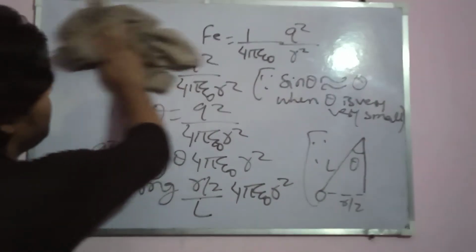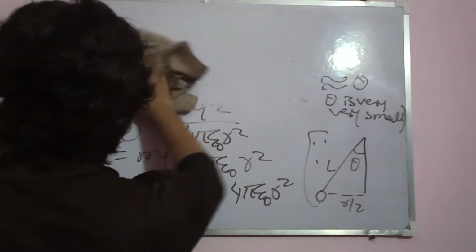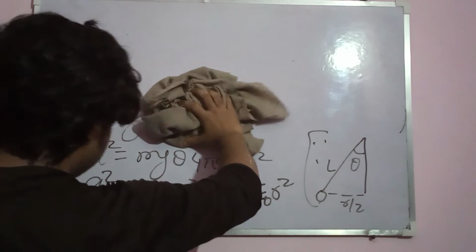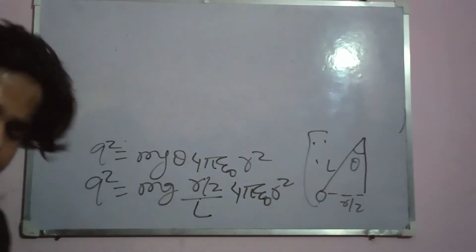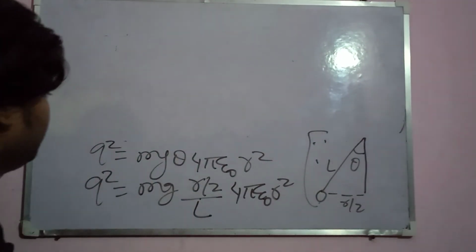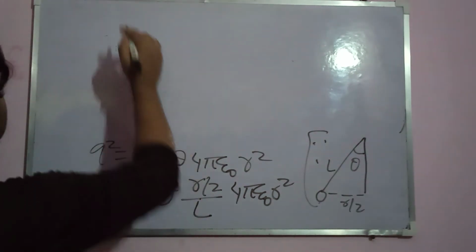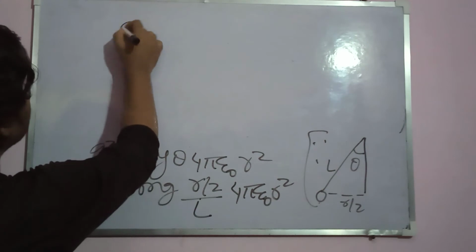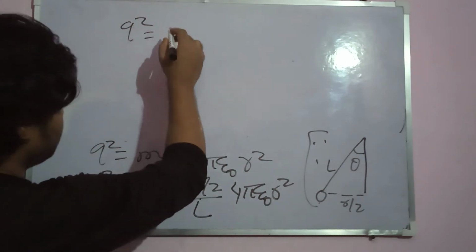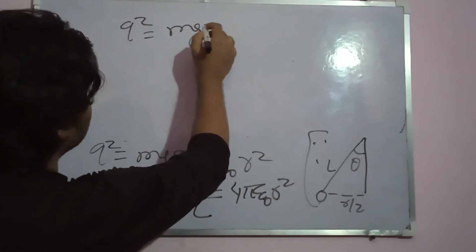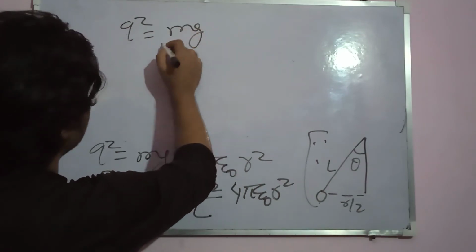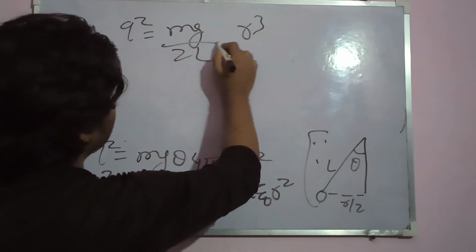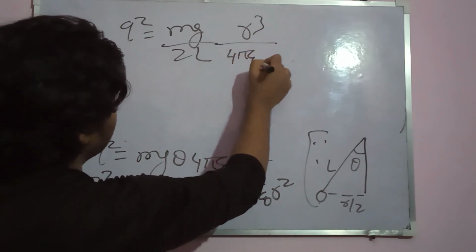I'm erasing some upper portion of the solution because I have a shortage of space. See, q square is this, so come over here. That will be q square is equal to mg into 2l, r cube by 4 pi epsilon naught.